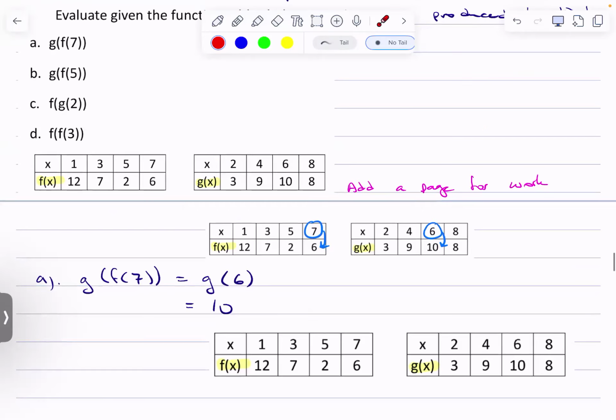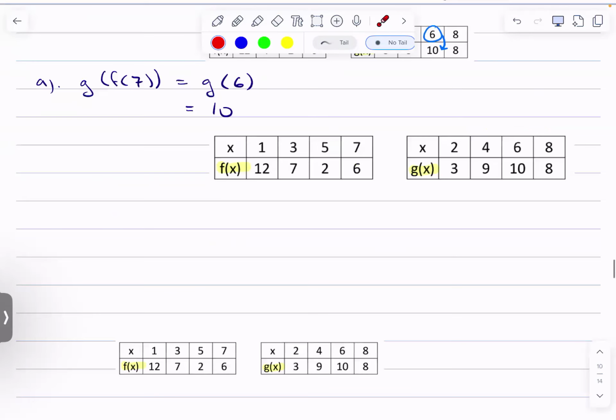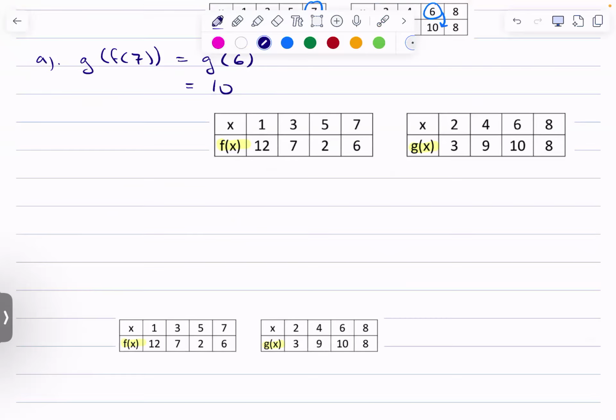How about B, g of f of 5? Well, same thing. f of 5 is 2. So I can replace f of 5 with 2. g of 2 is 3.